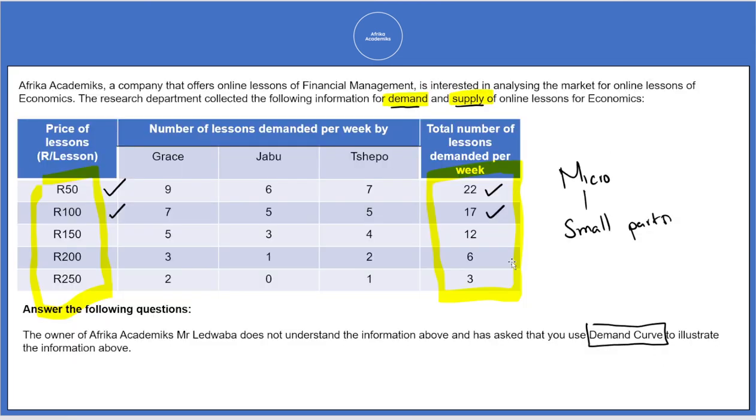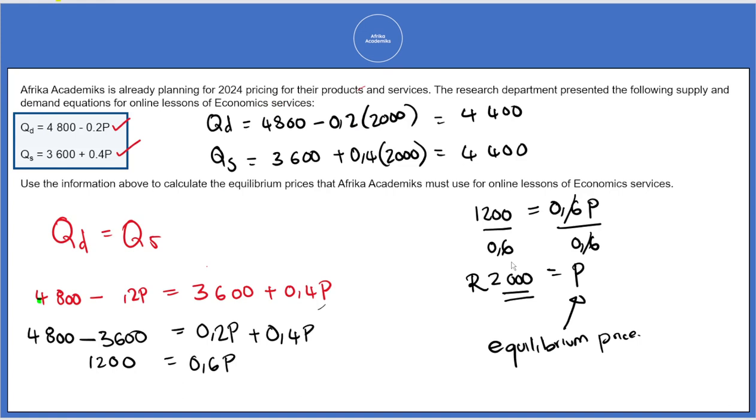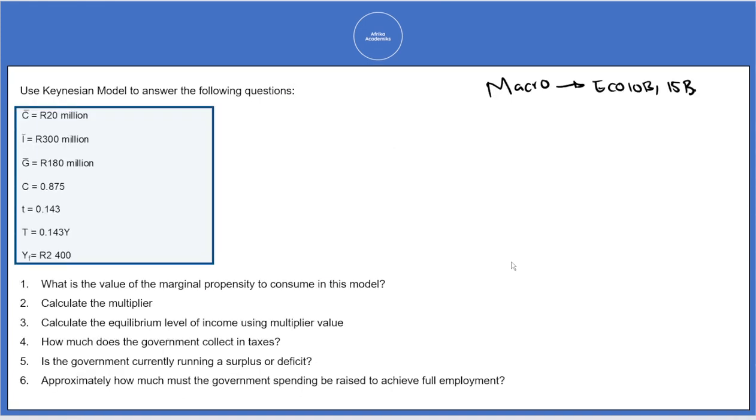Basically, you're looking at the overall of the economy, the total income, total production, and so on. So this question here is from the past assignment or question paper, I don't remember, but it's one of the question papers. It says use Keynesian model to answer the following questions.